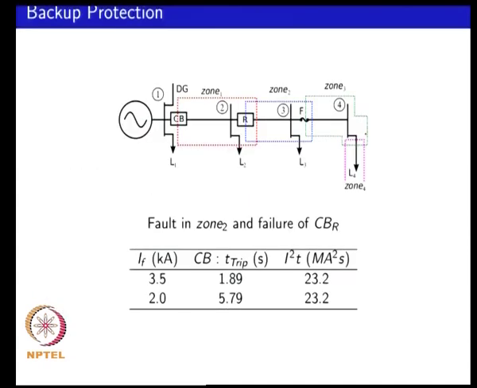So, if you look at a fault in zone 2 and failure of CBR, then the device that is providing backup protection is CB.